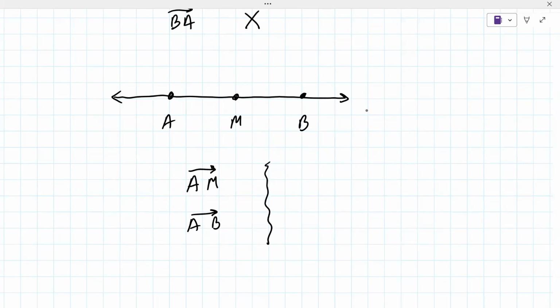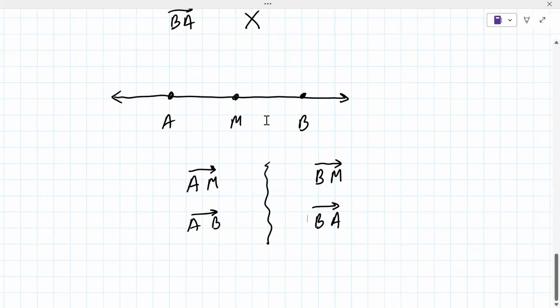The following are also okay, but they are different. BM starts at B and goes to the left forever. BA also starts at B and goes to the left forever. Do you not have to include the A part for BM? No, you just have to pick a point away from the starting point.